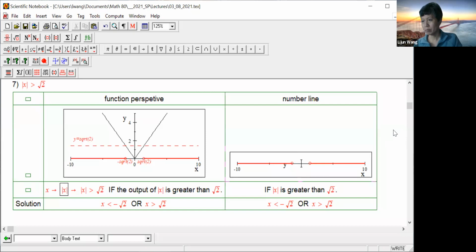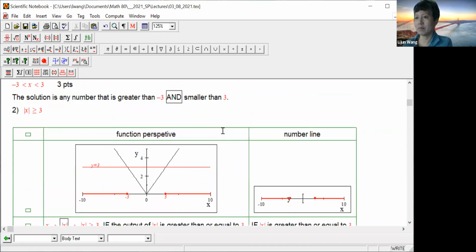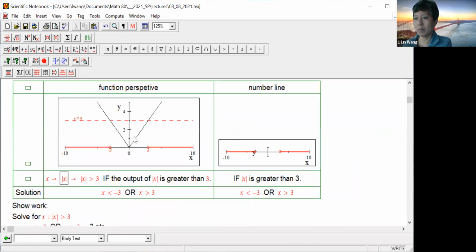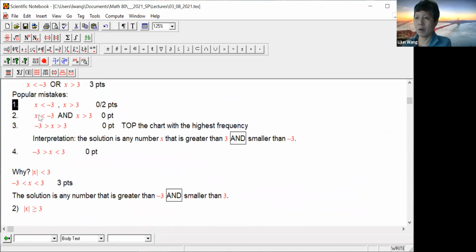So do you see the idea? You see the idea for greater than or equal to square root of 2 is similar. I have mentioned the key point for doing this, and those are popular mistakes. These popular mistakes could be greater than or equal, and that happens too.